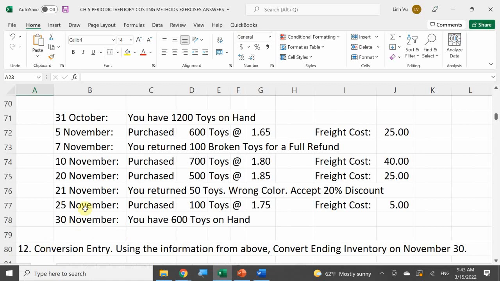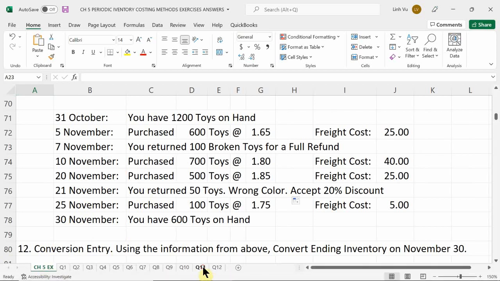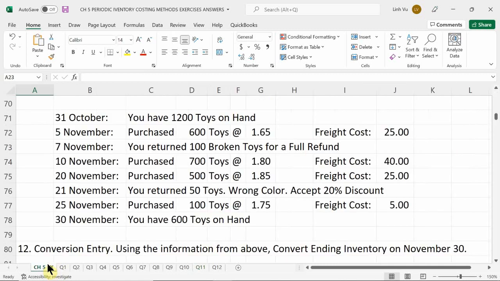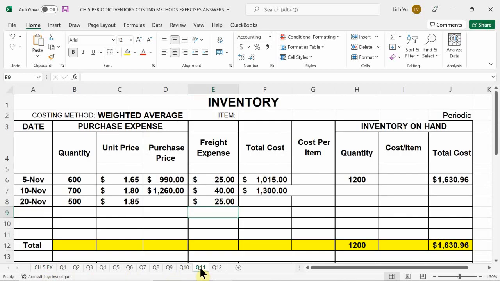Okay. So in this case, what's my purchase price here? $925. Okay, plus 25. $950.